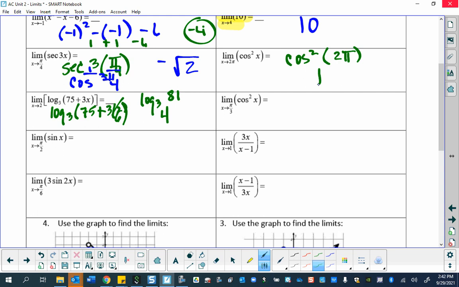Cosine squared of pi over 3. Pi over 3. What's my cosine? 1/2. Square it. 1/4.